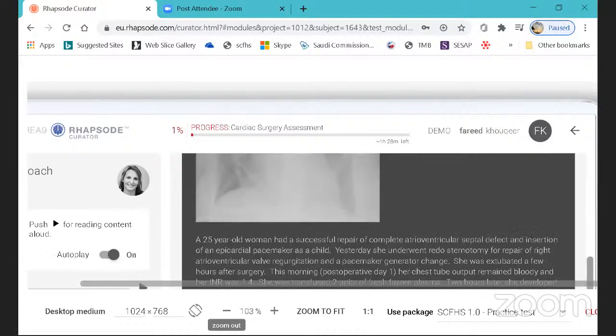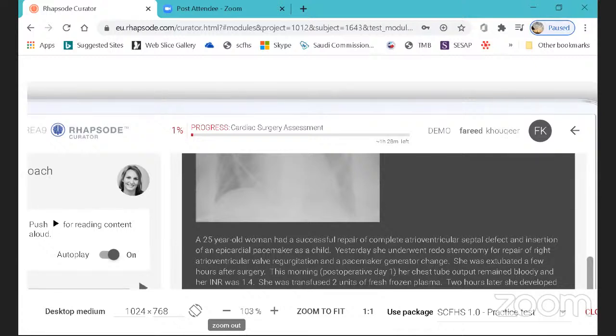A 25-year-old woman had successfully repaired complete AV canal defect and insertion of an epicardial pacemaker, which is usual as a child. So she had the surgery maybe 25 years back. Yesterday, she underwent reduced stenotomy for repair of the right AV valve regurgitation and pacemaker generator change, which is not unusual to see for those patients.